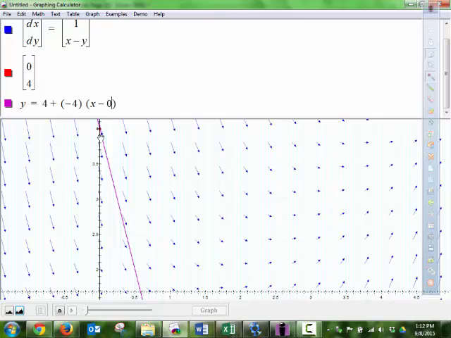Now, obviously, that's not a good approximation, but maybe if we take that and go as far as, I don't know, 0.5, when x is equal to 0.5, maybe we'll follow this line just so far until we get x is equal to 0.5, and then from there, maybe we should try another slope. Does that idea make sense so far? 0.5 might be a little too far.